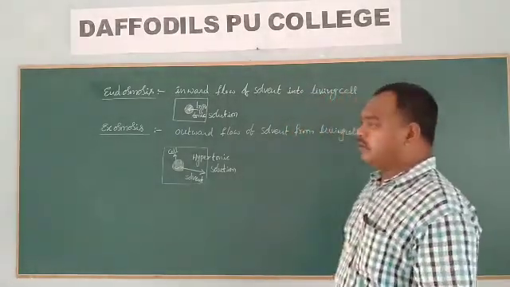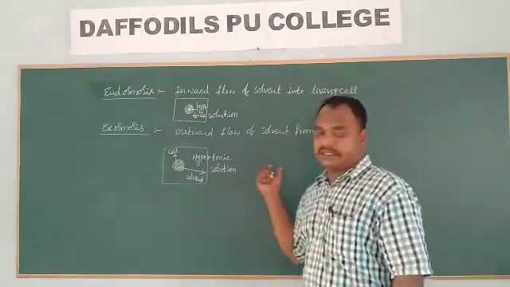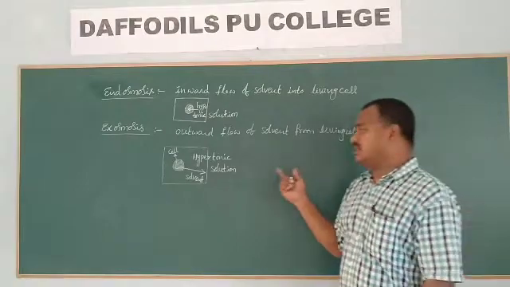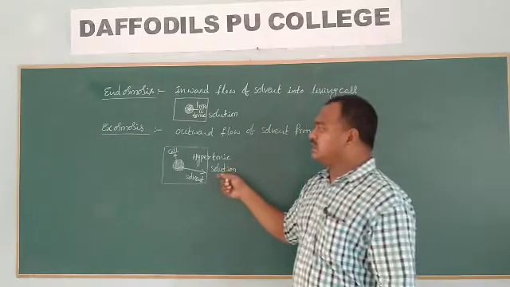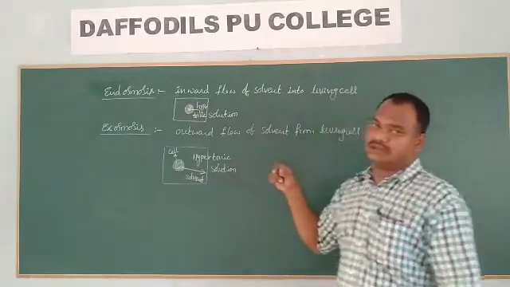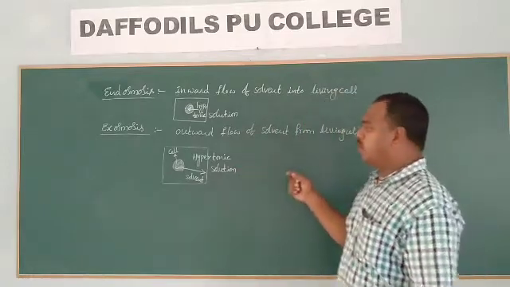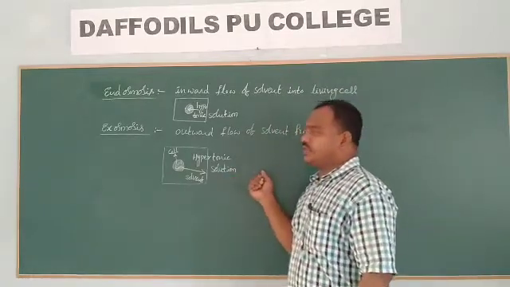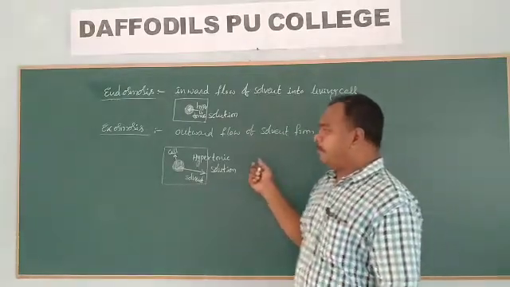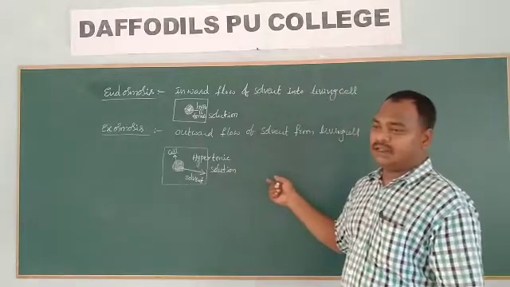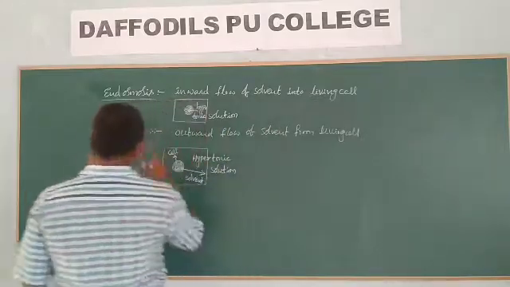So when mango pieces are placed in sodium chloride solution, we can see the exosmosis process. The mango piece is going to shrink. That means pickles: in pickle manufacturing, the process involved is exosmosis.